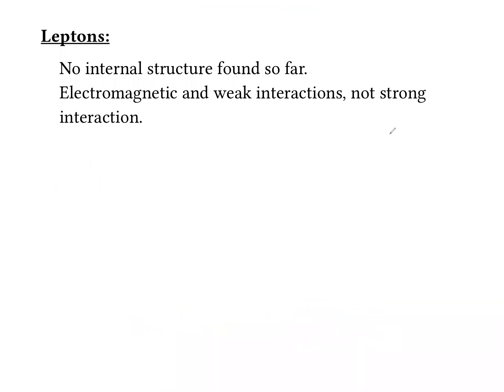In the atom, we have the proton, neutron, and electron. The proton and neutron are baryons or hadrons, but the electron is called a lepton. This is another kind of particle because it has no internal structure.